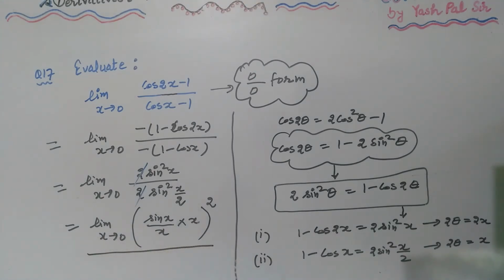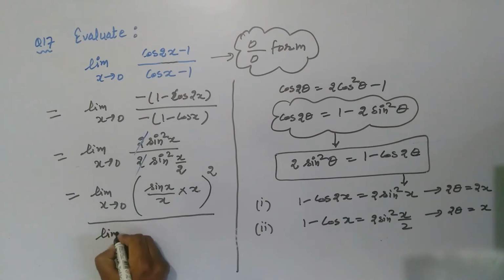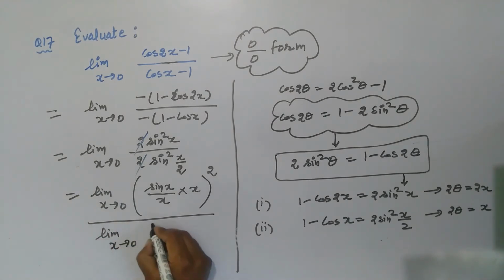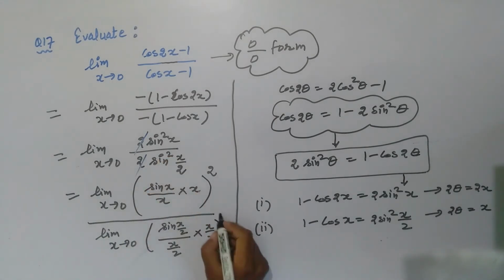Likewise in the denominator we do the same process: sine of x upon 2, divided by x upon 2 and multiplied by x upon 2, and because of the square we took the whole square, right?